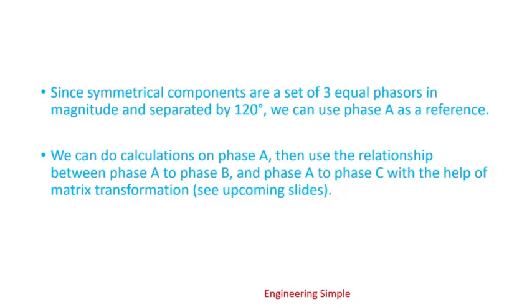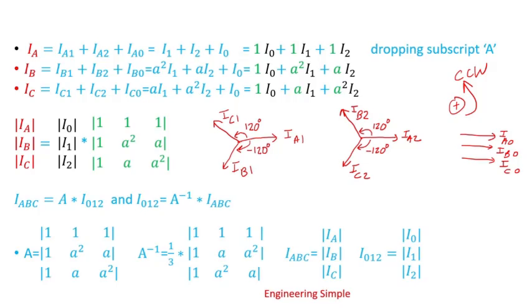So you can just do phase A. You can do the calculation in terms of phase A. Then you can use the relationship between phase A to B and A to C and so on and so forth to get the results for the other phases, and I'll show how you do that.